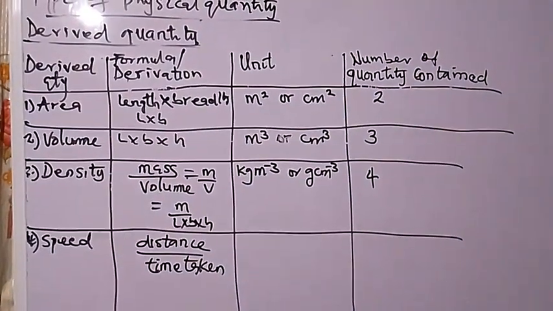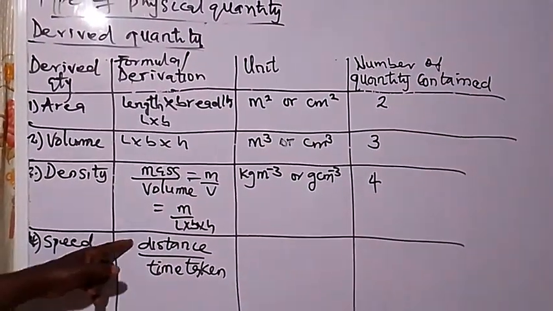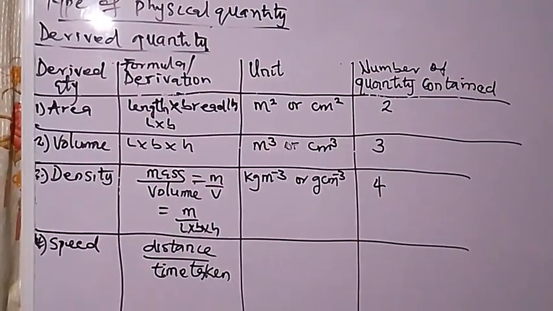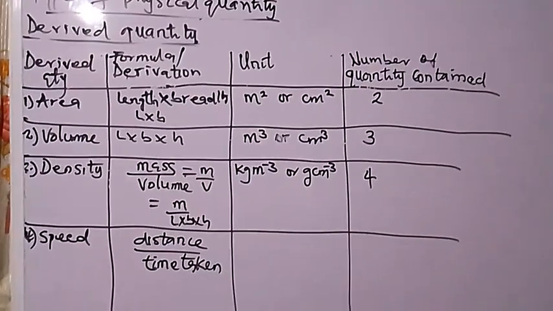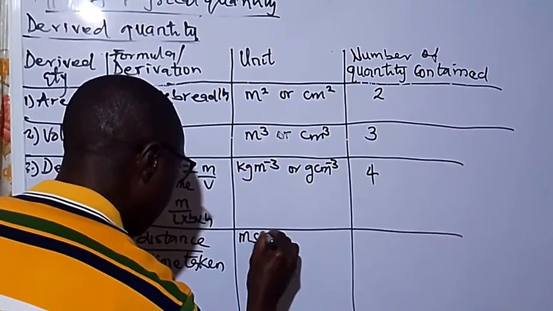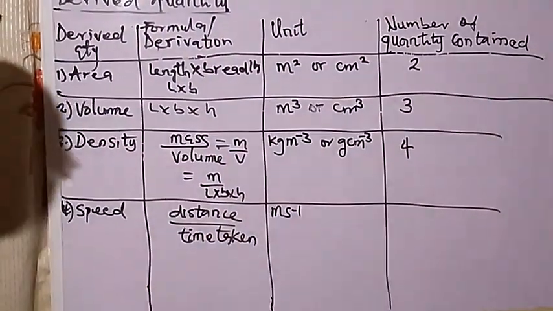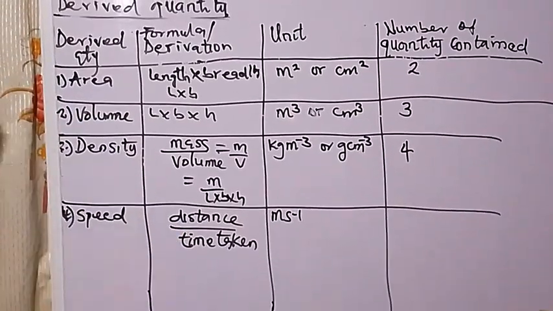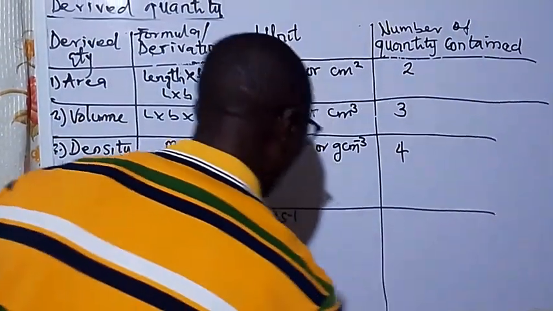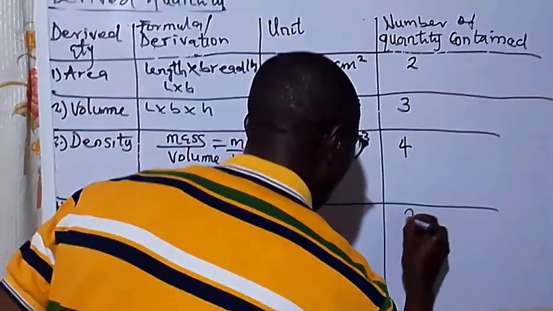From this, distance is fundamental and time is fundamental. So the unit of speed will be meter per second. Now, to count the number of quantities, that's 1, 2. So the number of quantities for speed is 2 quantities.